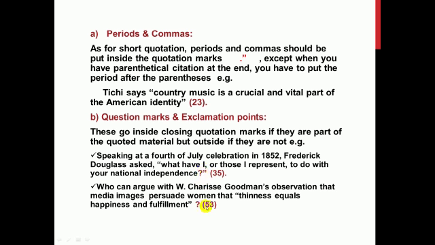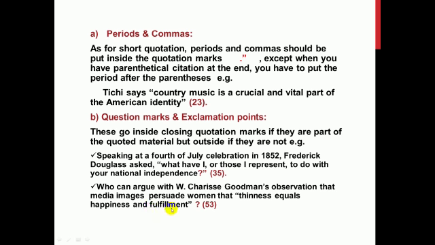In this case, who can argue with W. Charis Goodman's observation that media images persuade women that, from here we'll start the quotation marks, "thinness equals happiness and fulfillment"? So, you see, thinness equals happiness and fulfillment is not a question.